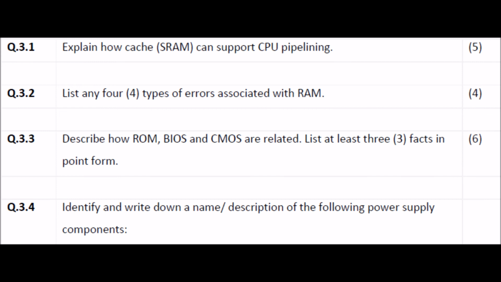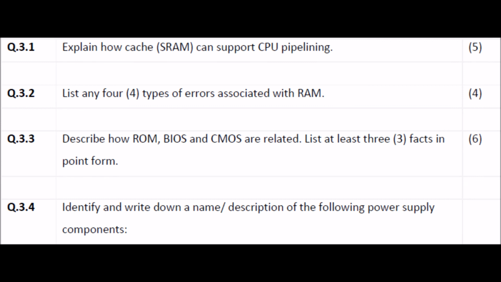Number 3.3, as far as question number 3 is concerned: describe how ROM, BIOS, CMOS are related. List at least 3 facts in point form. So this one, remember, ROM is associated with firmware, and firmware is another term for BIOS, or basic input output system.